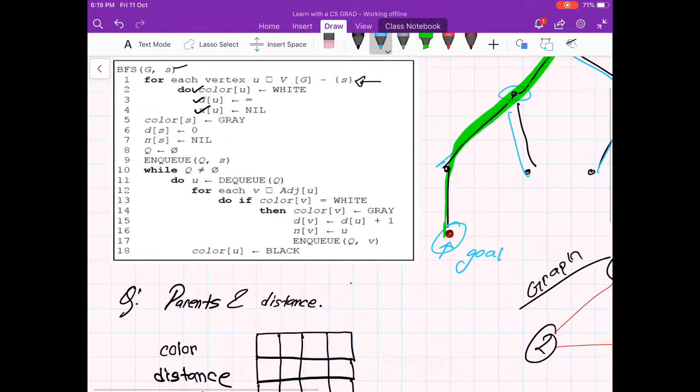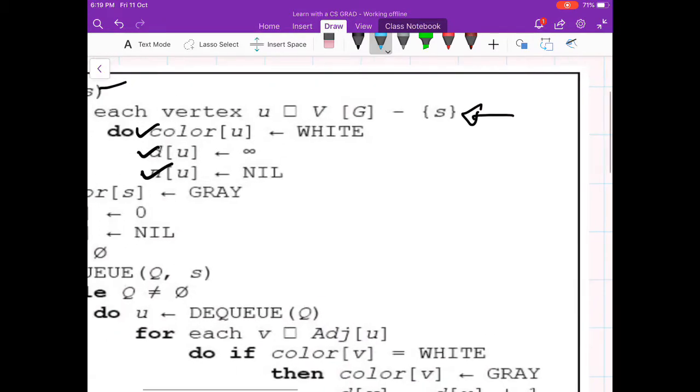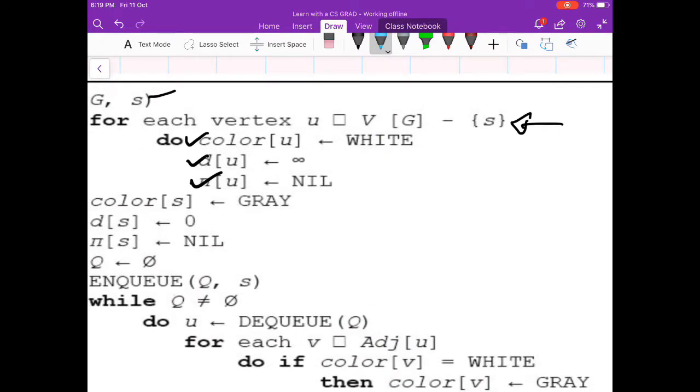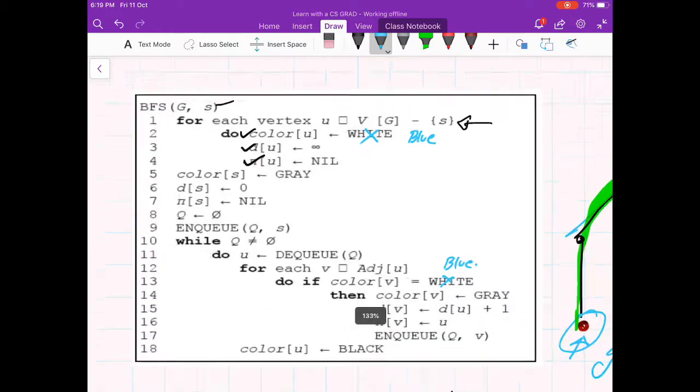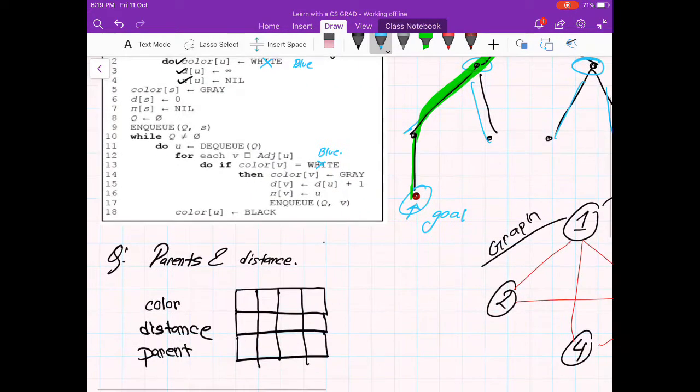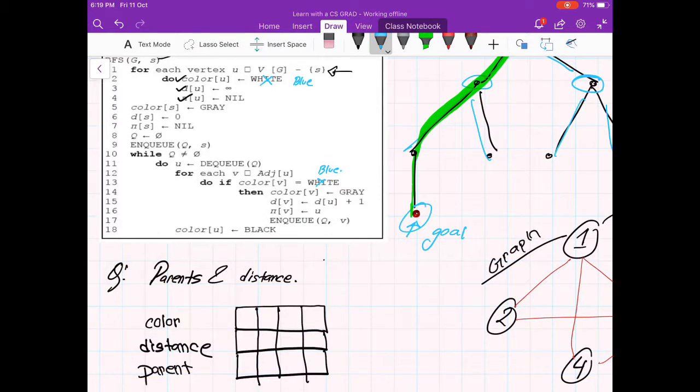Initially, all the values would be white. Representing white on this paper is really hard, so let's say the color would be blue. Initially all the nodes would have the color blue, so 1, 2, 3 and 4 have the color blue. D represents the distance here.